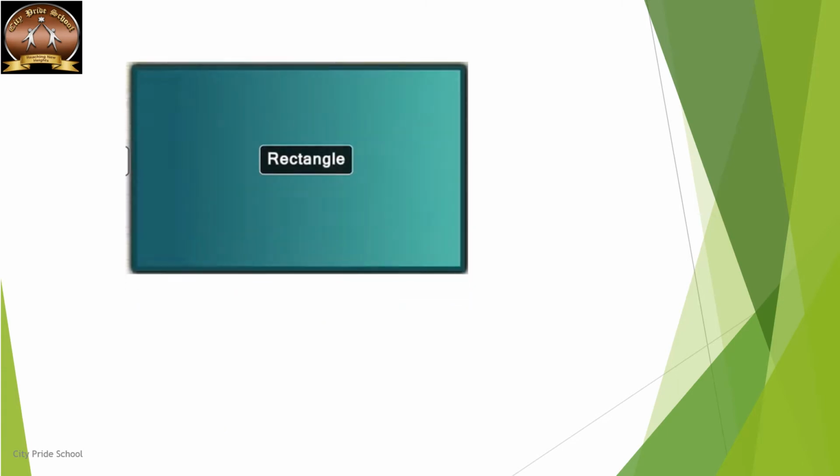So let us recall some of the formulas that we have learned to find area and perimeter. Now this is an old friend, the rectangle. Opposite sides are equal. Do you remember the formula for the perimeter of a rectangle? There are two opposite sides which are equal, so length and breadth: two lengths and two breadths.